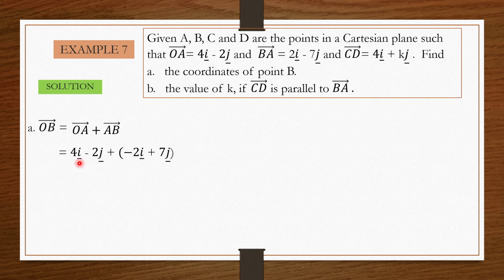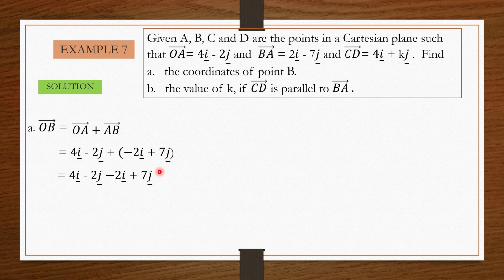So here you can write OA as 4i minus 2j plus AB, since it is negative BA, so you just change the sign. Okay, so 2i becomes negative 2i and minus 7j becomes plus 7j. Change the sign of the vectors.